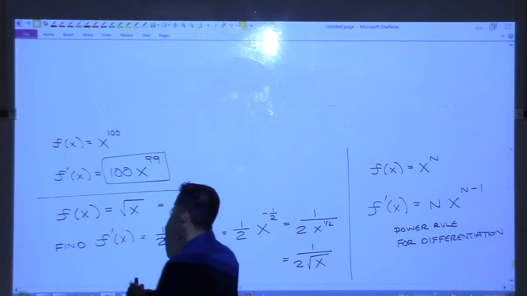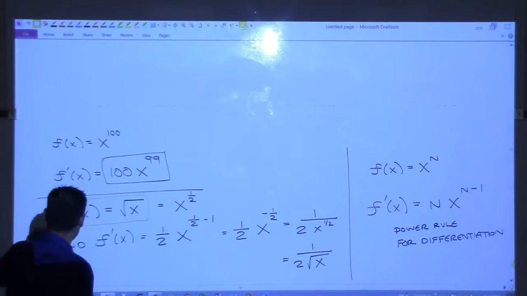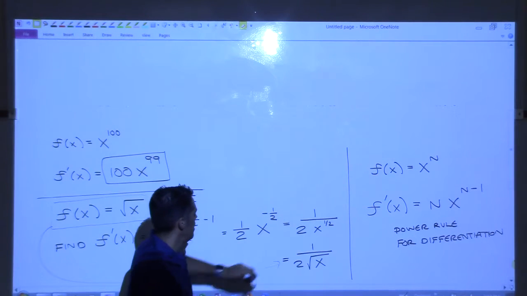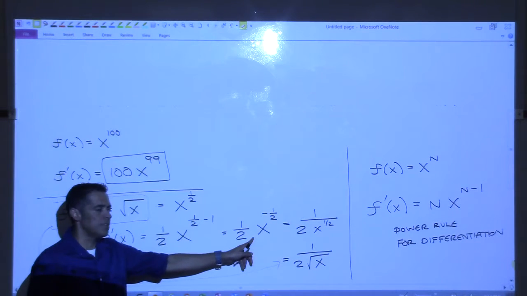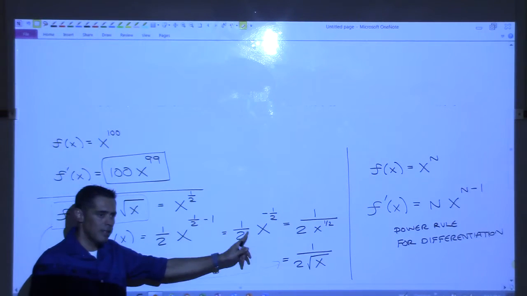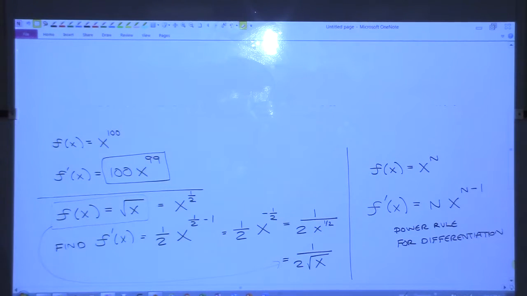I would like for all of you to burn this into your brains, because this one comes up so much, that the derivative of the square root of x is 1 over 2 square root of x. I agree, this is correct also. You could say 1/2 x to the negative 1/2, but I think you should learn it this way. The derivative of the square root of x is 1 over 2 square root of x.